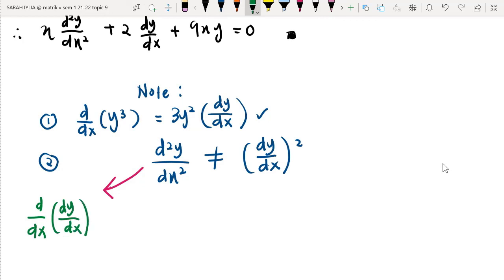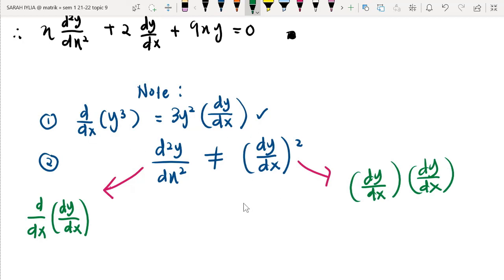Kita differentiate dy dx, we get the second derivative, d squared y over dx squared. But then dy dx squared, the whole thing ni is basically dy dx times with dy dx. It's squared of dy dx lah, senang cerita. So these two things are not the same. Make sure you can distinguish between these two. Okay, that's all for implicit differentiation.